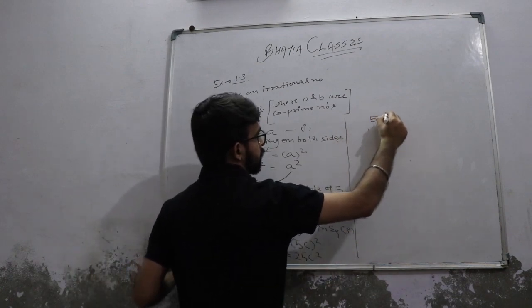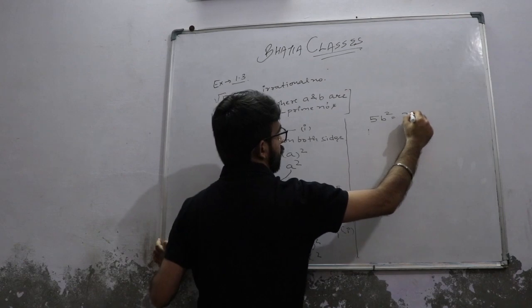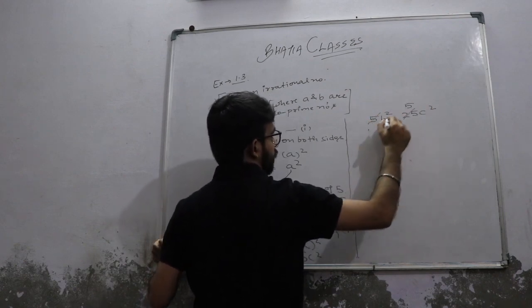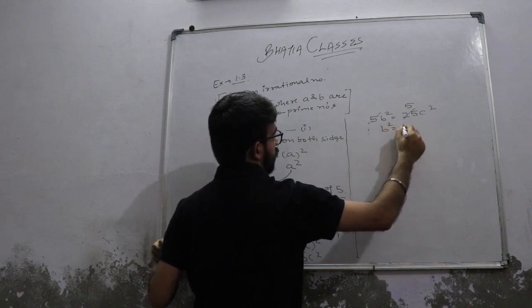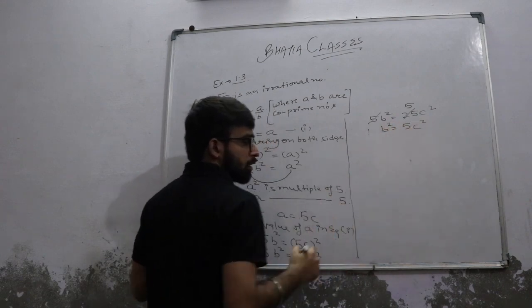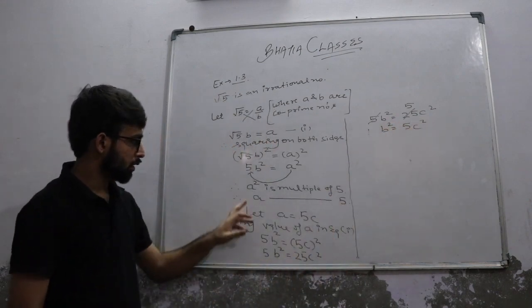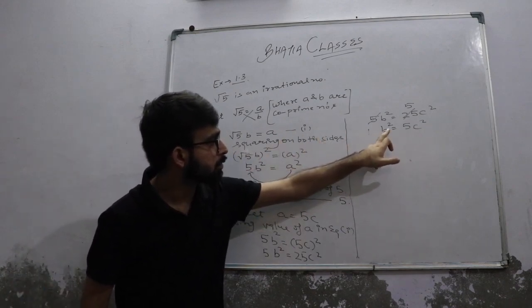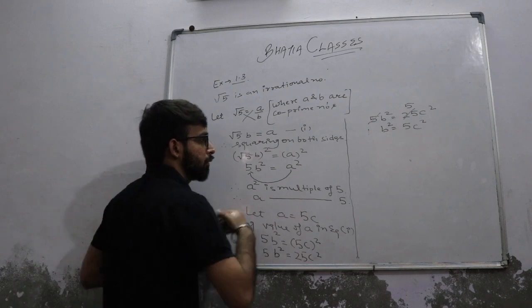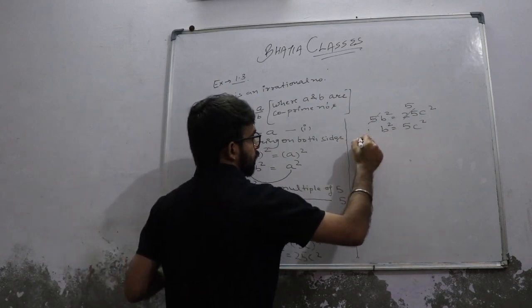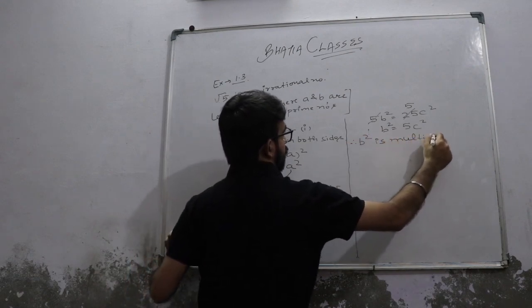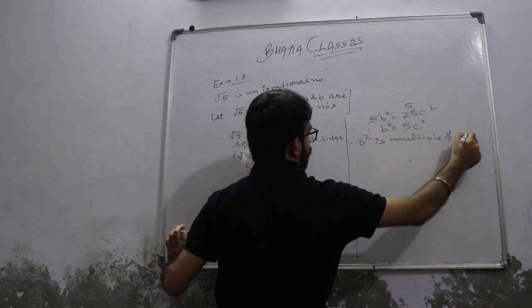I will rewrite this. 5b square equal to 25c square. 5b square equal to 5c square. The same process is followed here. You can see b square is also multiple of 5. b square is multiple of 5.